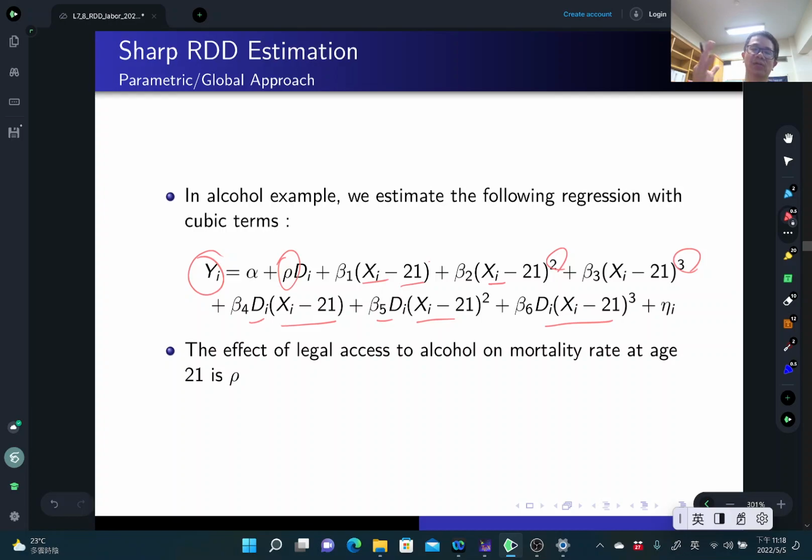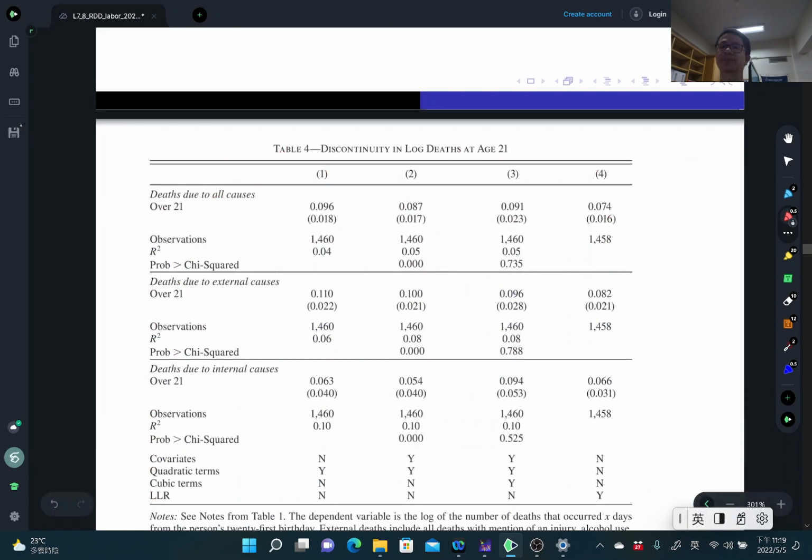So rho captures the discontinuity in the mortality rate at 21 years old, and based on our previous lecture, it represents the effect of legal access to alcohol on the mortality rate at 21.